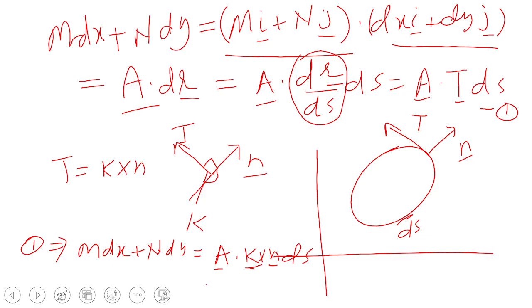Using the scalar triple product, we can interchange the cross and dot: A cross k dot n ds.